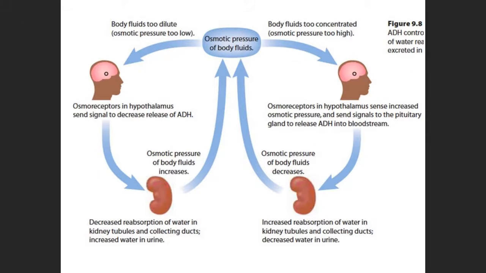This picture from your book, I think it's from your book anyway, is for ADH, the antidiuretic hormone. This is produced by the hypothalamus, but released by the posterior pituitary gland. And its job ultimately is to target the kidneys to reduce urine output.